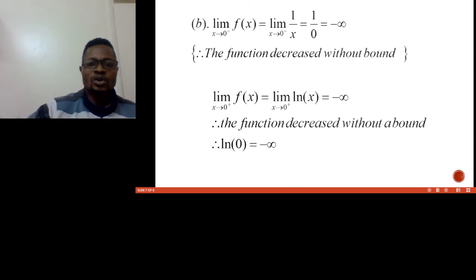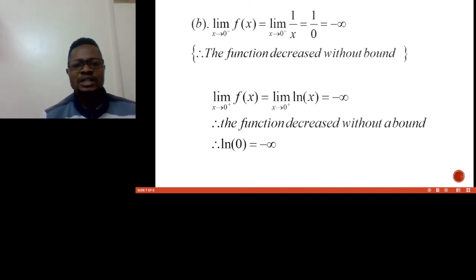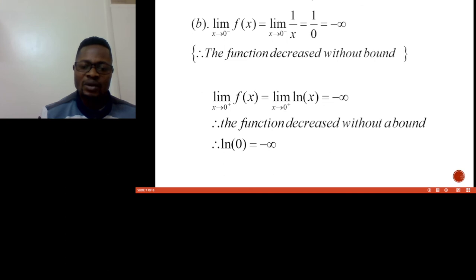Maybe in the other world, but in this world, it is something that continues. Has anybody asked you to go to infinity and you went there? No, you can never reach infinity. So it decreases without bound, and it will continue to decrease, and you will never get there because it is infinity. So we say that this undefined 1 divided by 0 will give us negative infinity.